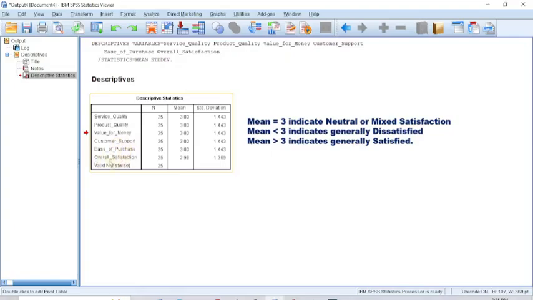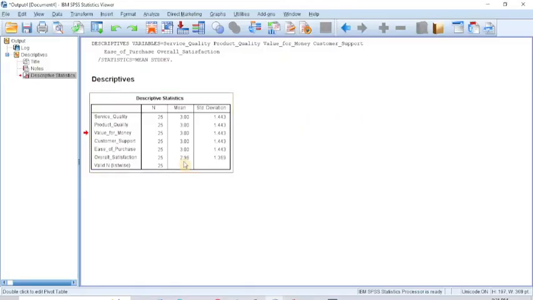But the overall satisfaction mean is 2.96 and is slightly lower than 3 and close to neutral, suggesting that the overall perception is slightly less favorable. This may be due to emotional or overall experience factors that were not captured in the specific variables.